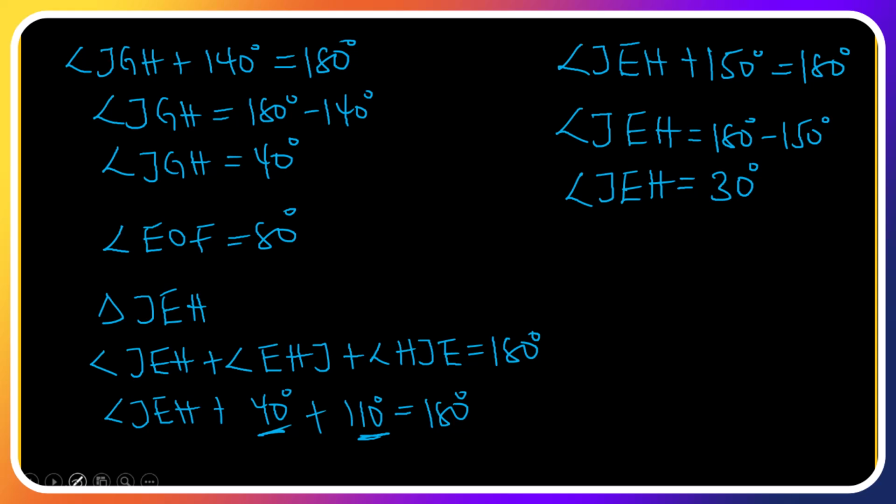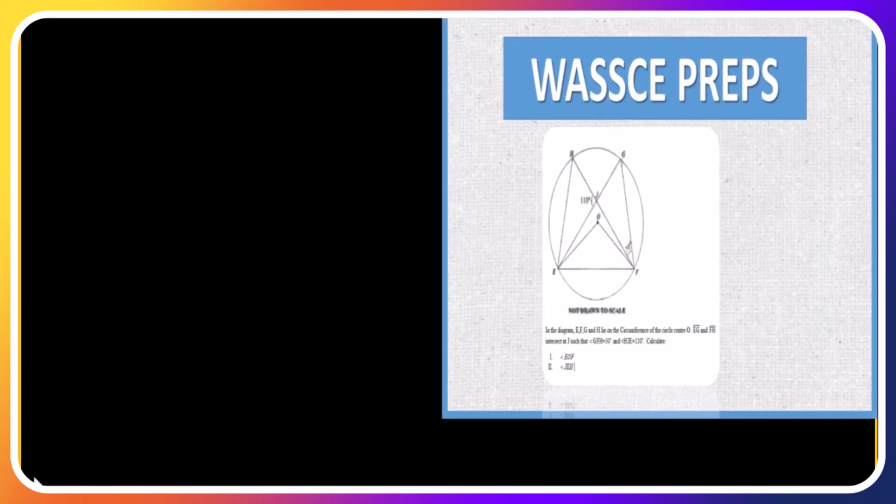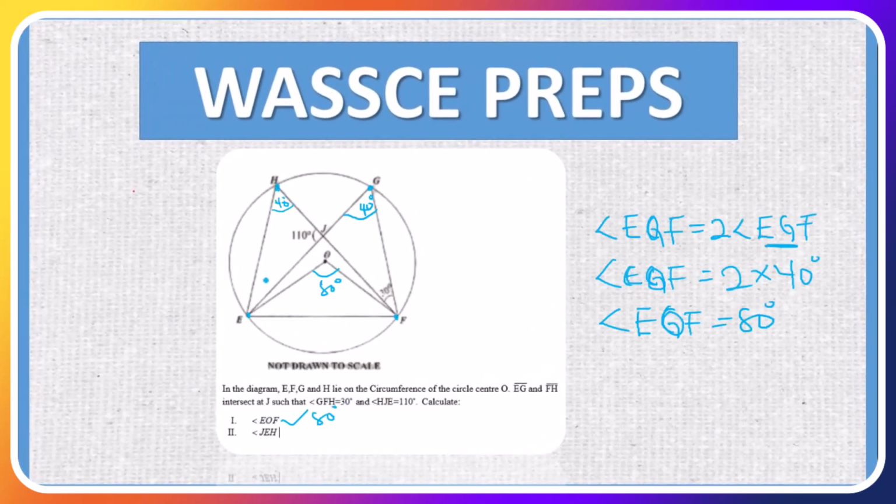Therefore, from our figure, angle JEH, the angle here, measures 30 degrees. So the angles sum up to 180, similar to the angles over here.